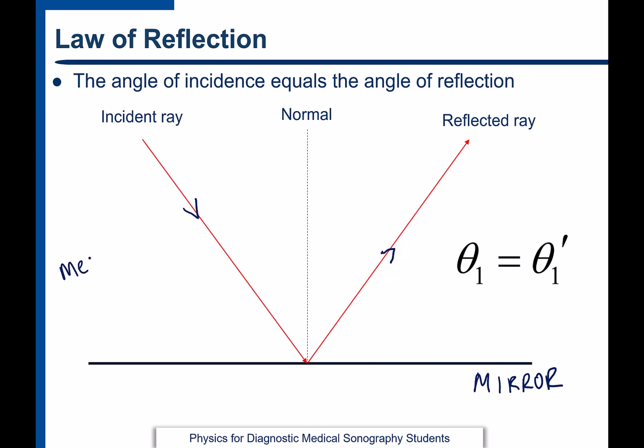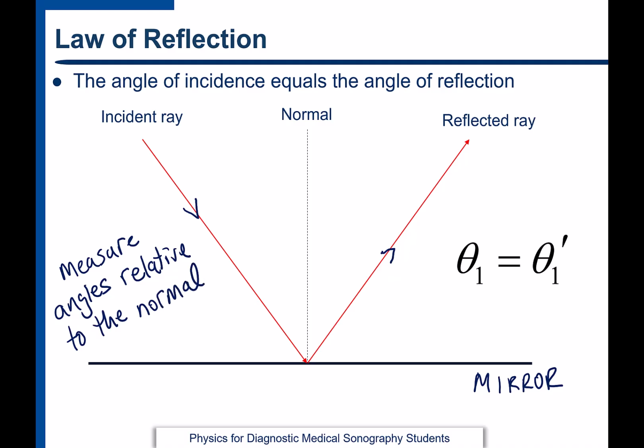relative to the normal. So that means that this angle here we would call theta 1, and what the law of reflection tells us is that that ray will come out with an angle theta 1 prime, where theta 1 is equal to theta 1 prime.